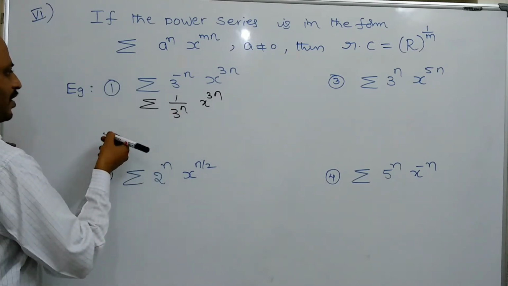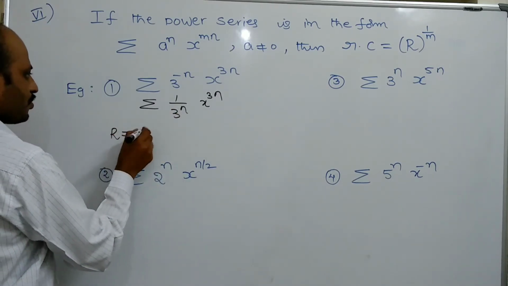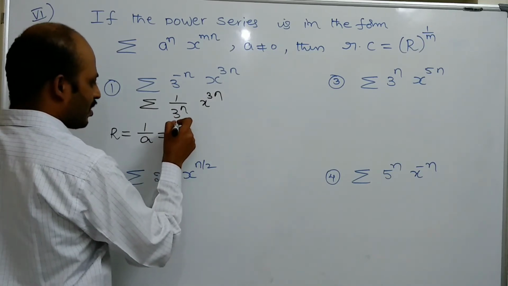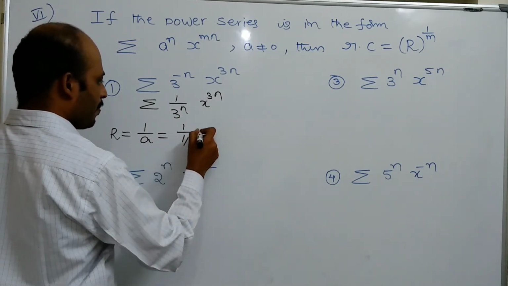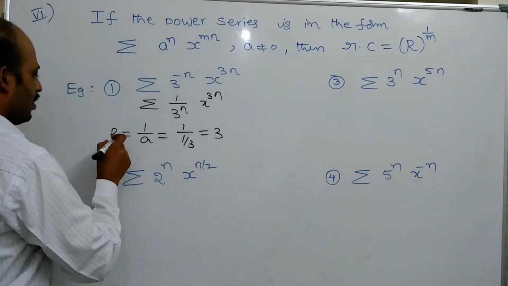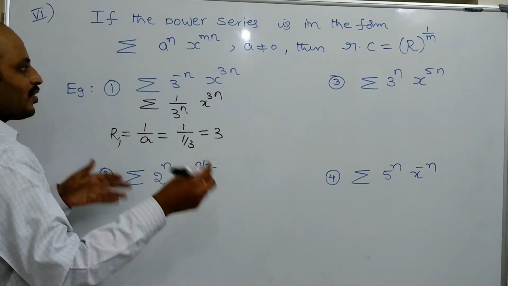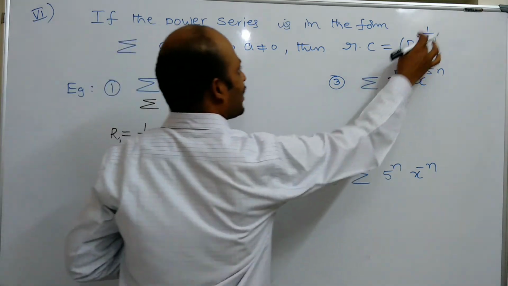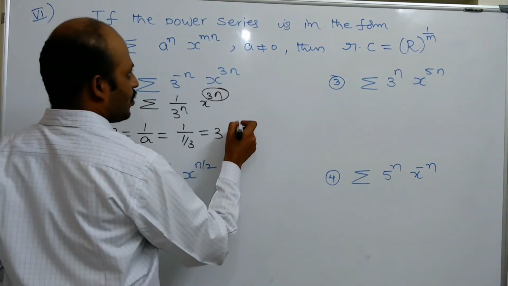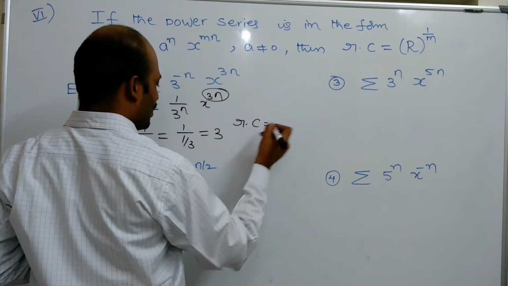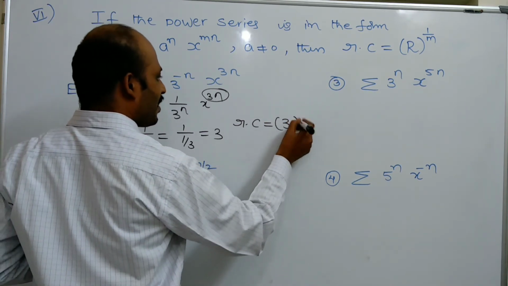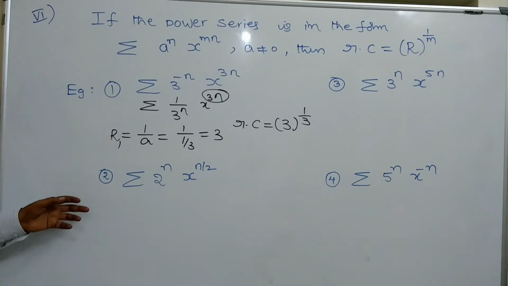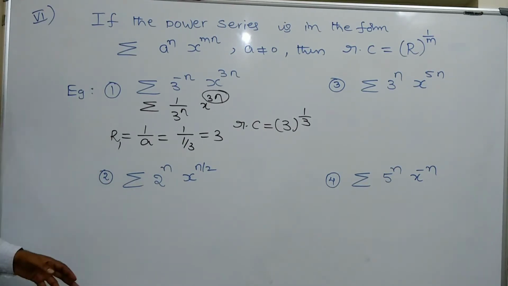Here the radius of convergence, capital R, is equal to 1 by a, meaning 1 by 1 by 3, which is 3. Let it be R1. But actually the power is 3n, so you can write R1 power 1 by n. So the radius of convergence is equal to 3 power 1 by 3.